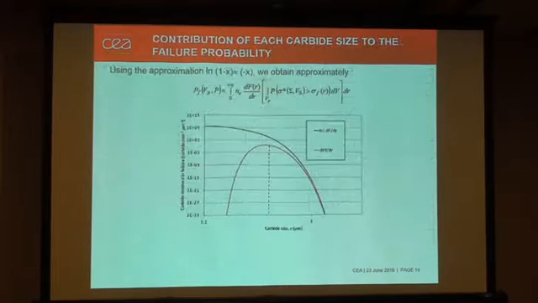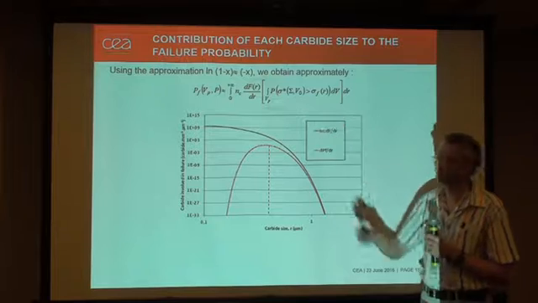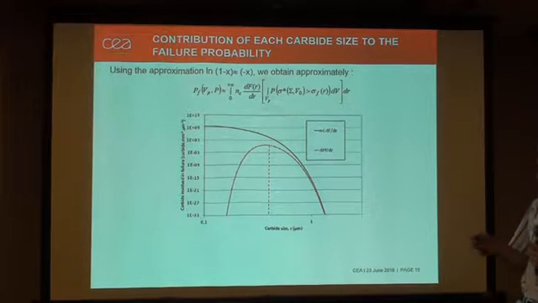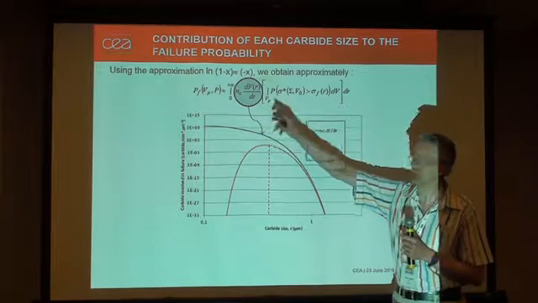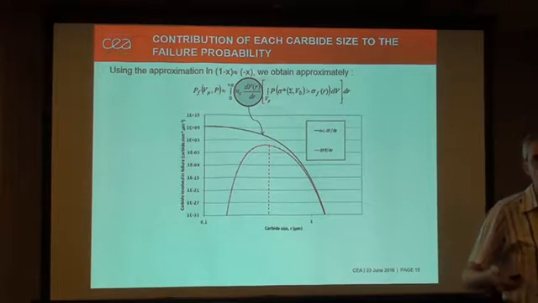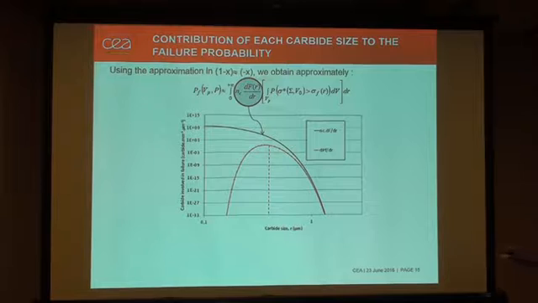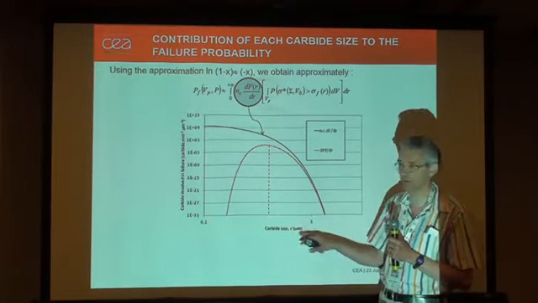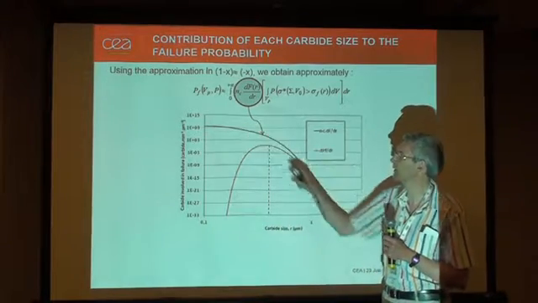Now, what is interesting with the MIBF model is that we can evaluate the contribution of each carbide size to the failure probability. Using this approximation, we can rewrite the equation of the model. And in this equation, we have in black the total number of carbides inside the plastic volume, given as a function of the carbide size, so the black line.